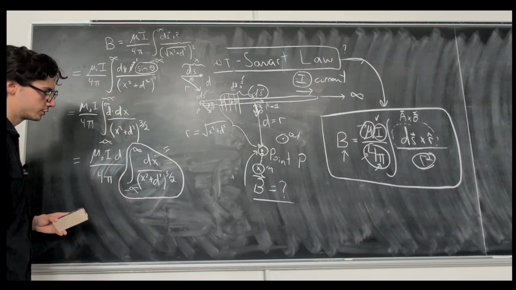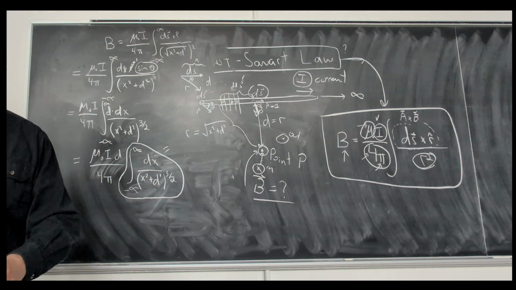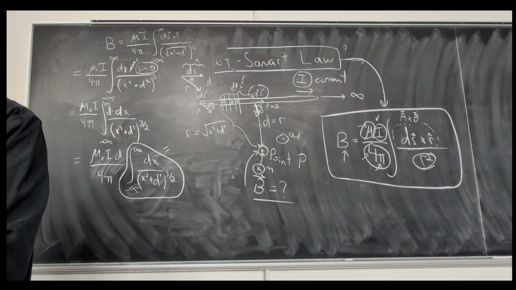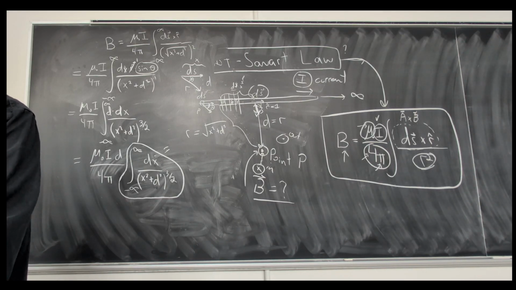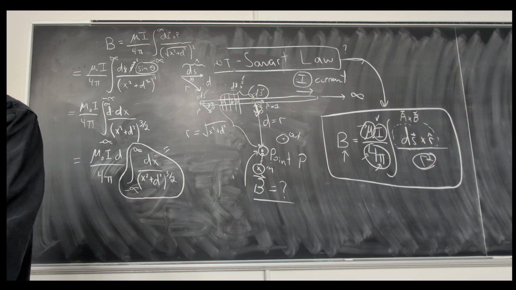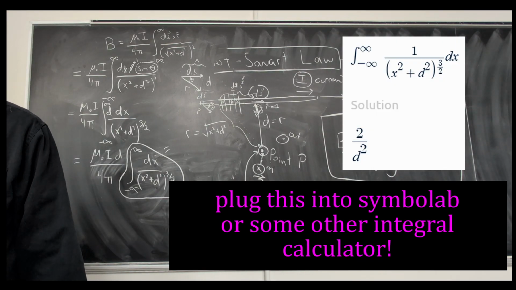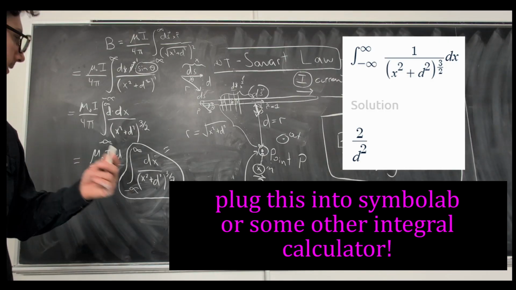Normally they give you this solution, which I will write now. The integral of dx over x squared plus d squared to the power of 3 over 2, from negative infinity to infinity, and we get a fantastic thing.